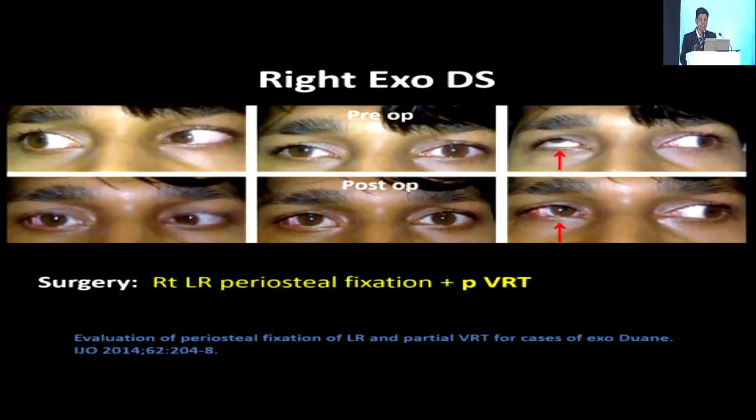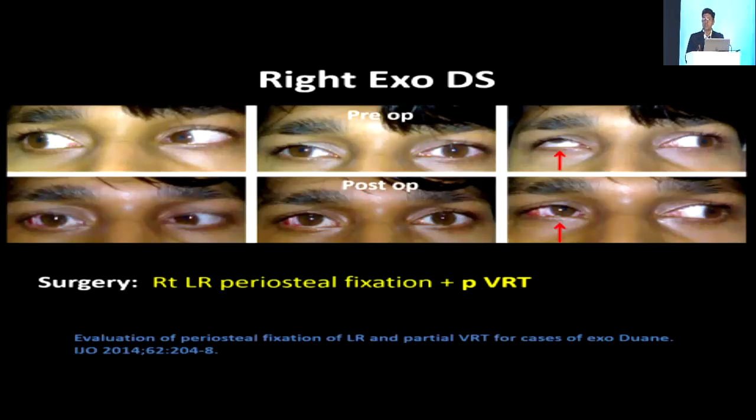Again, another patient in which we did periosteal fixation, but in this we added a vertical rectus transposition. The essential reason we did that in this case was that there was a fair amount of abduction in this patient. After doing a lot of cases of periosteal fixation in Duane's, we realized that about a third of them would go on to develop an esotropia over time, early or late.